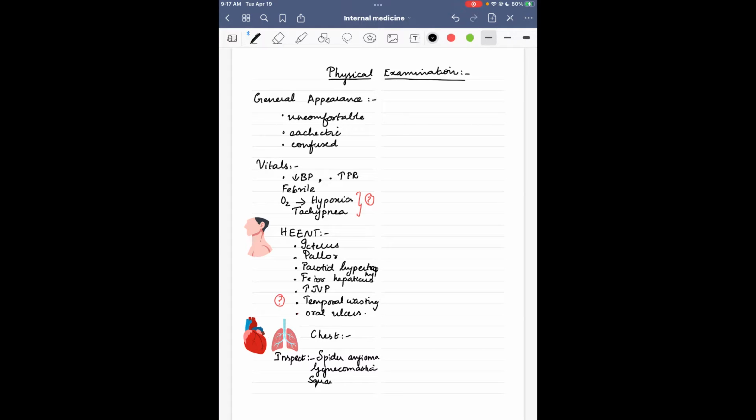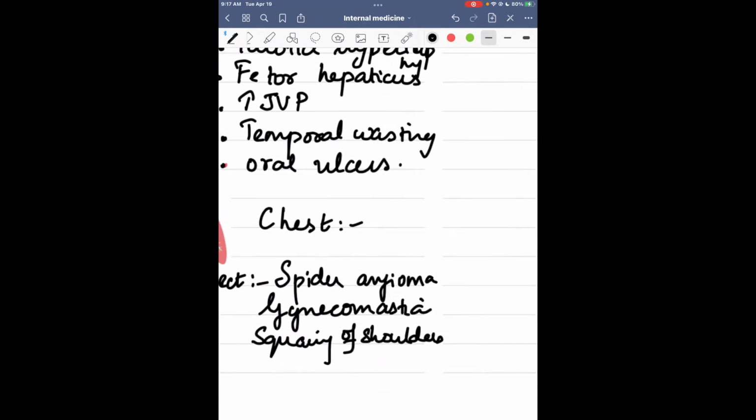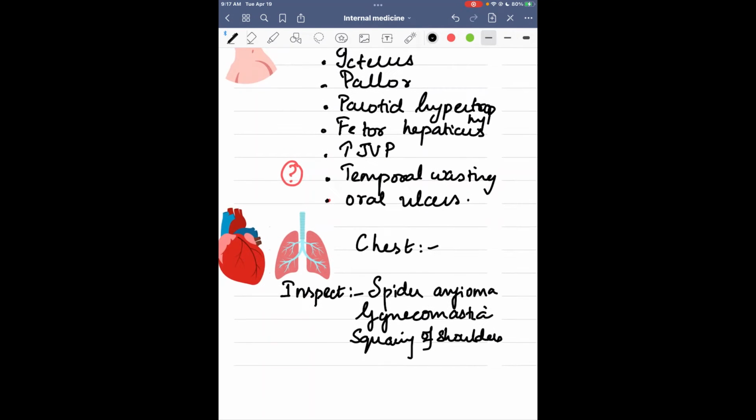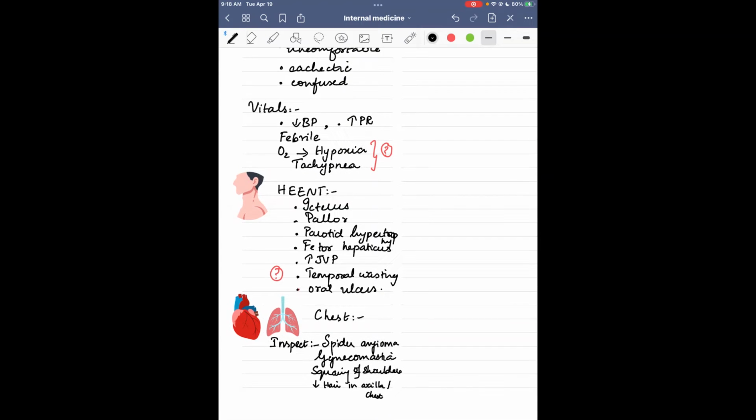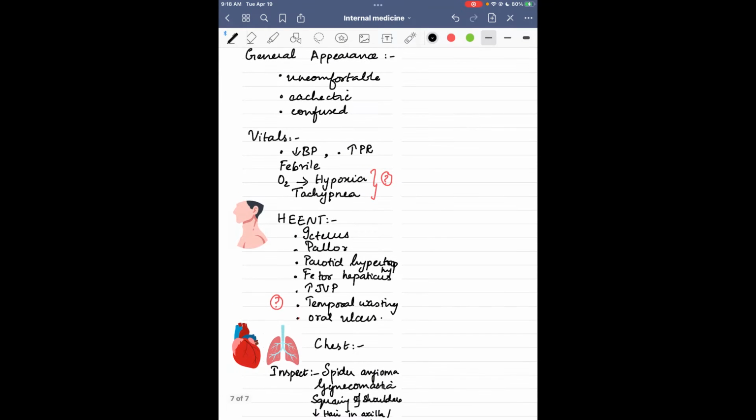Squaring of shoulders is mainly because of the muscle depletion that is seen alongside this. And then there can be decreased hair seen in the axilla and chest. So these are some of the things that you can see in the chest region.